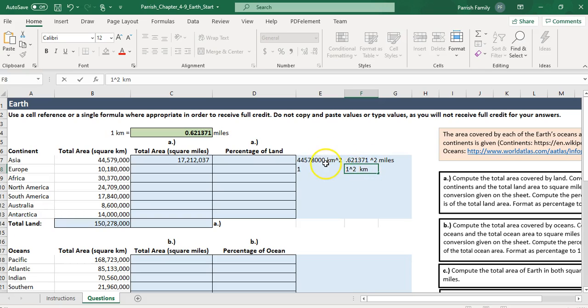So now my units of measurement are the same. What I'm going to end up doing is my kilometers are going to cancel out, and I'm going to end up taking the 44,579,000.